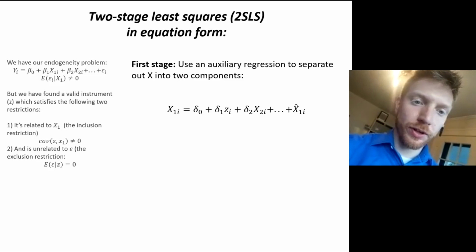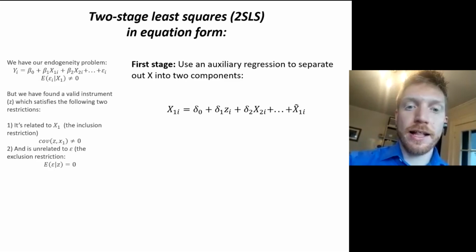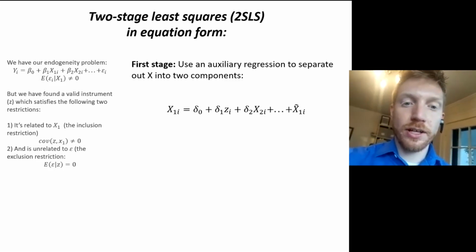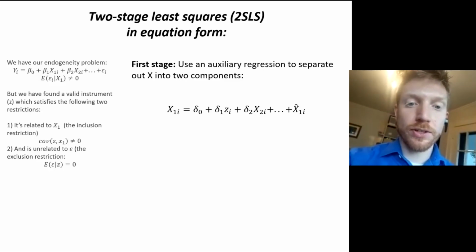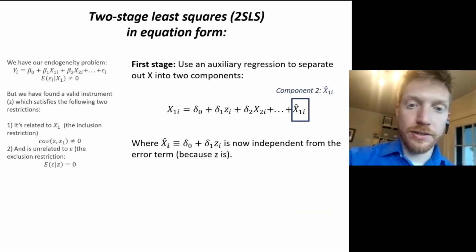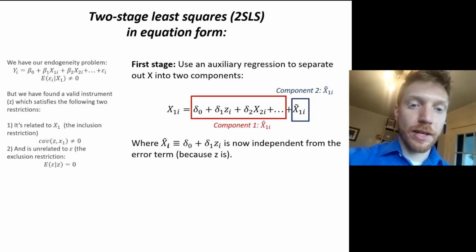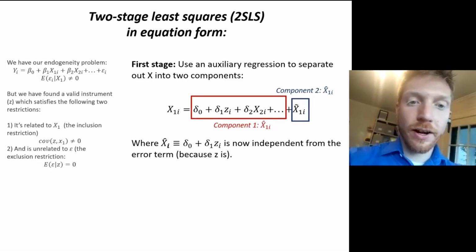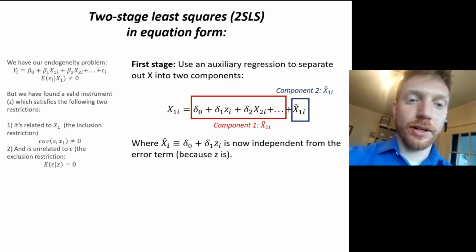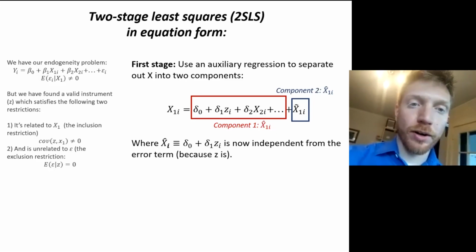And so we're doing two-stage least squares to get around this problem of endogeneity. And in our first stage, we're using an auxiliary regression to break X out into its two components. The first component is going to be the endogenous component and the exogenous component. Now, again, here, I've emphasized that when we have other regressors, X1, X2, X3, X4, that those actually become part of that first stage.